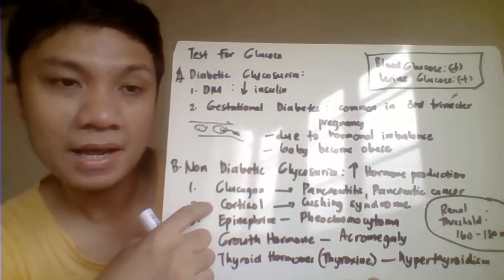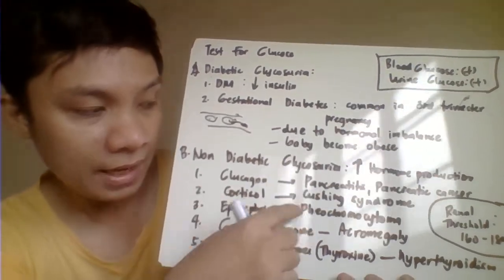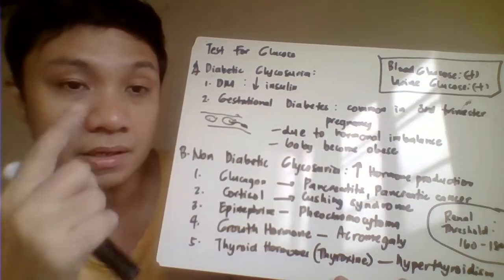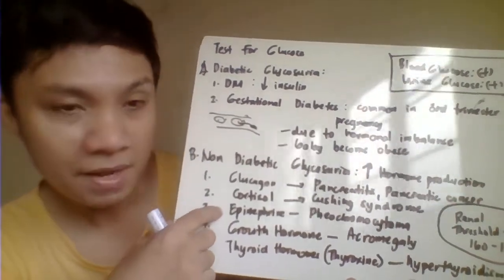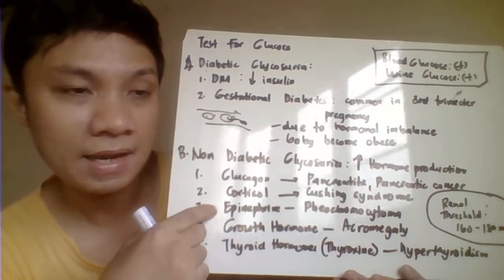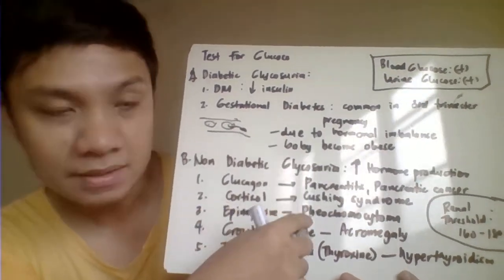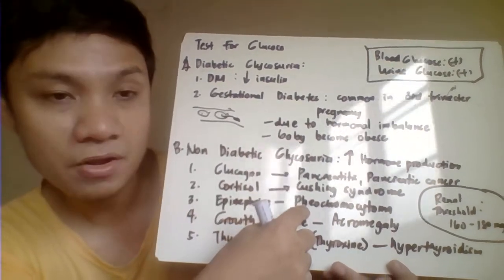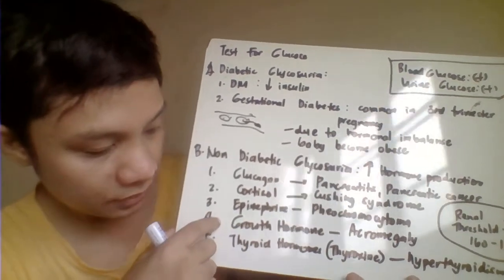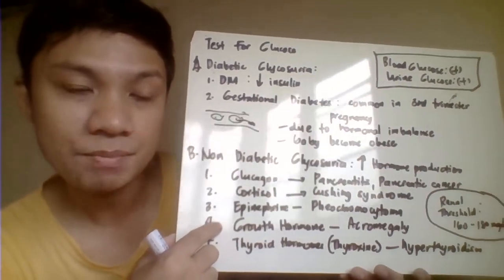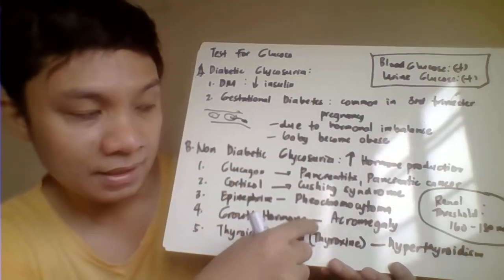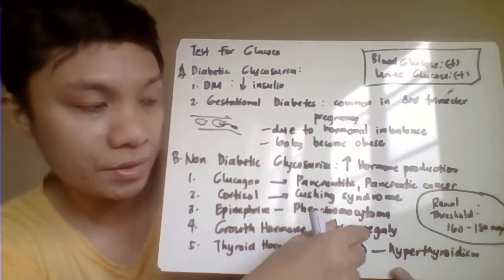Cortisol is produced by the adrenal cortex, and Cushing syndrome is characterized by increased cortisol level. Epinephrine is produced by the adrenal medulla, and increased epinephrine results from pheochromocytoma.